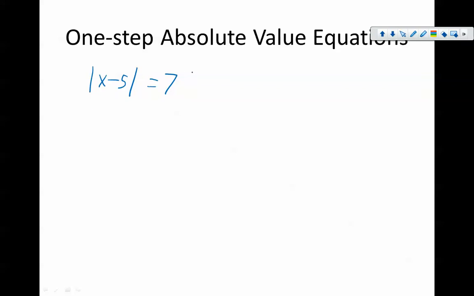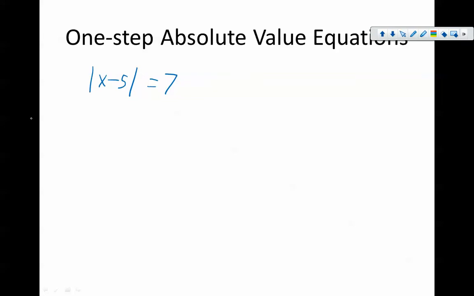What exactly is this question asking us? It's asking what number or numbers, when I subtract 5, have a distance away from 0 of 7?